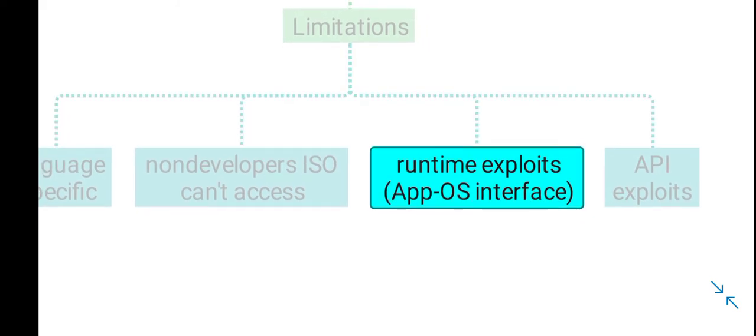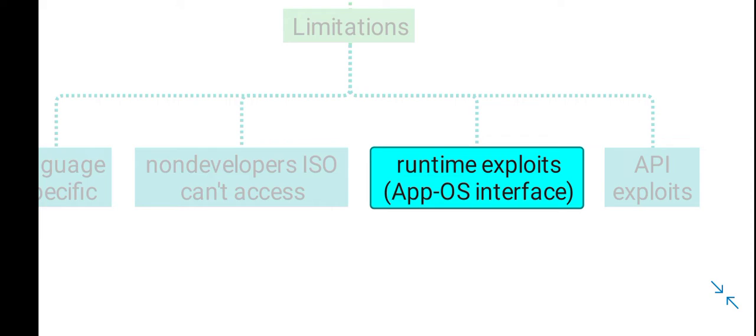Furthermore, since it is static, runtime exploits are undetected. For example, the exploits which are related to the interfacing between the application which you have developed and the operating system in which you are going to deploy that application.